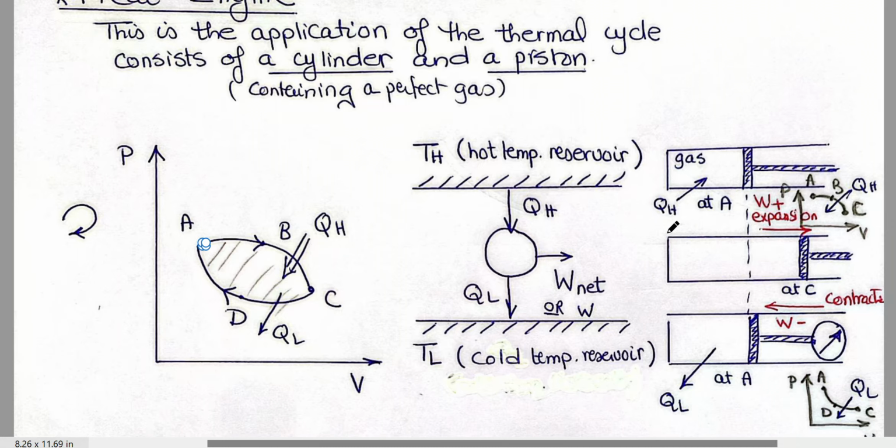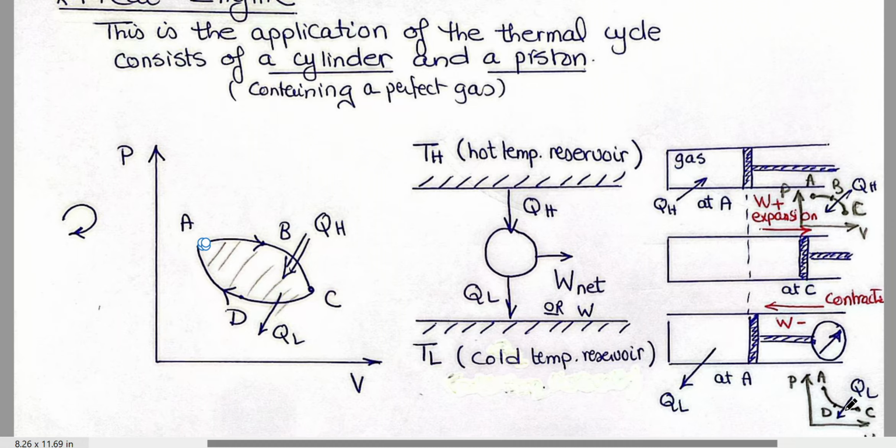Now I converted the heat energy into work, but for the motor or the engine to function again, I have to return back to the same point A to make a cycle, to repeat the cycle. Returning back from point C to point A using a mechanical hand means compression, or decreasing of the volume, and the gas is rejecting QL.